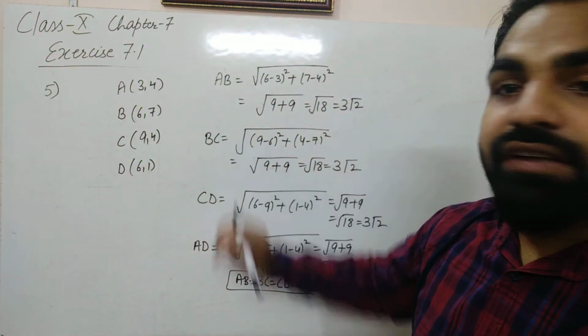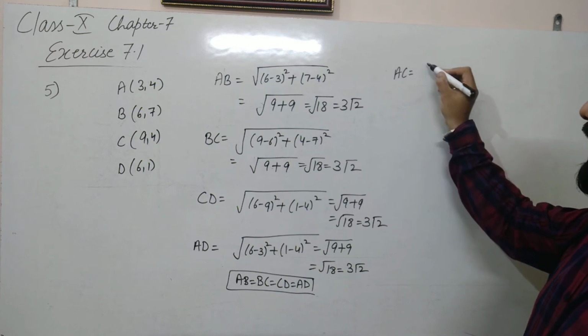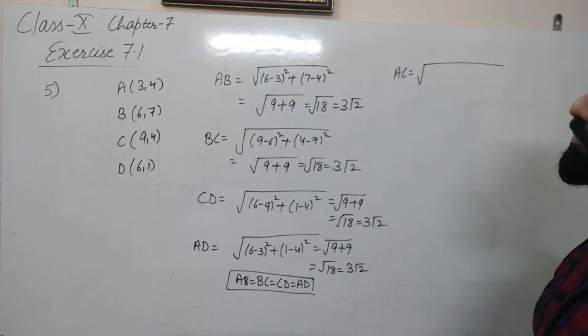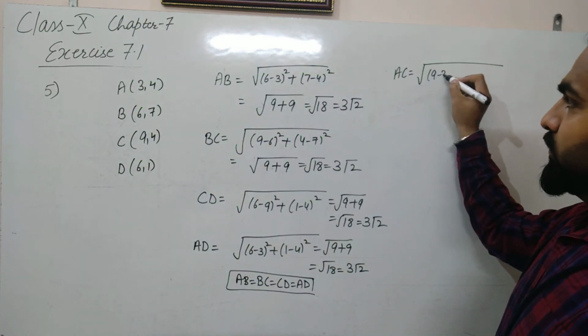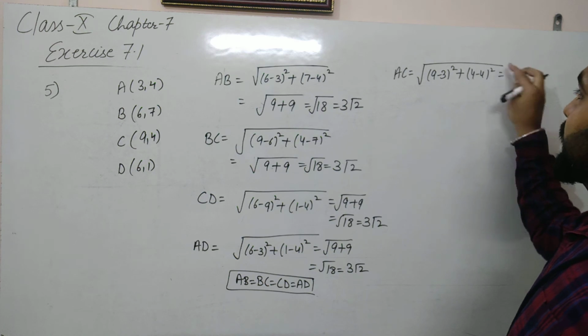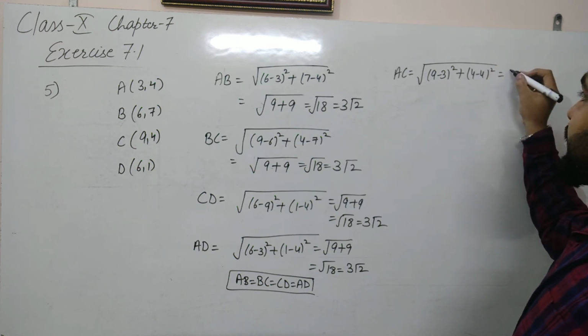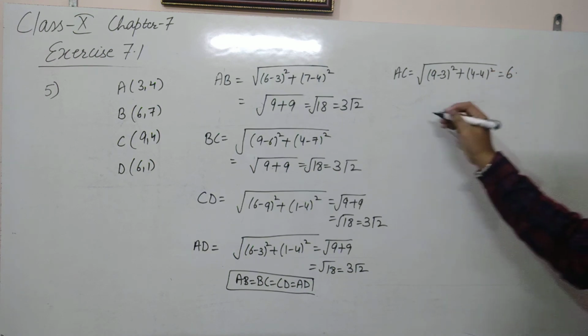Now we have to check whether the diagonals are also equal or not. Find AC. AC will be the diagonal. Root of (9 minus 3) square plus (4 minus 4) square. This is 6 square, 36. So the value will be 6 here. The other term will be 0. BD.